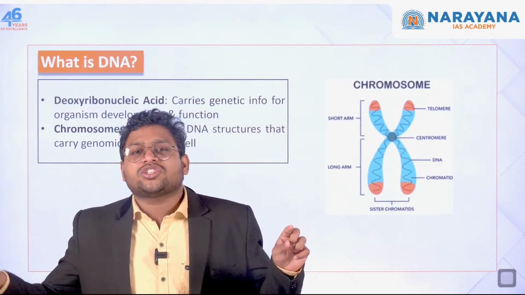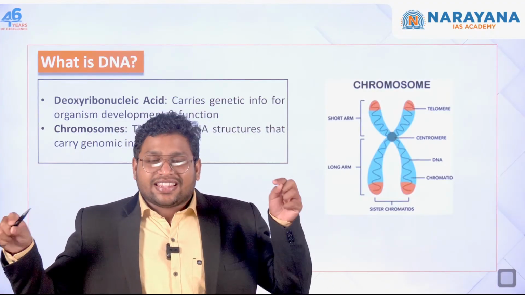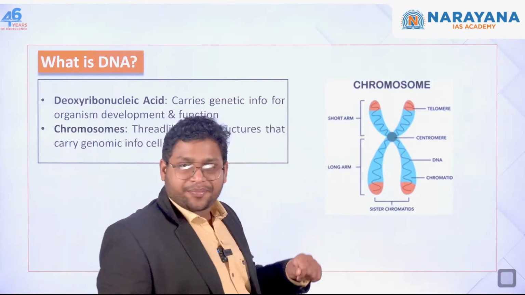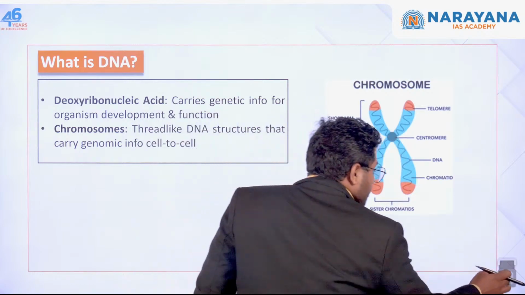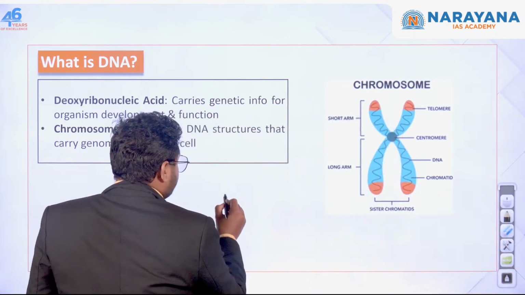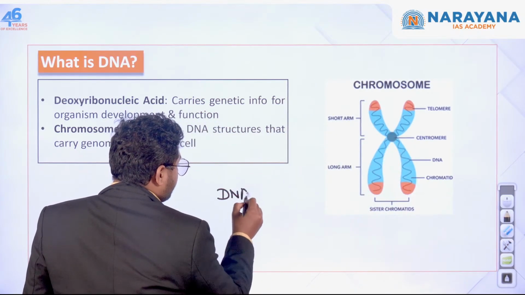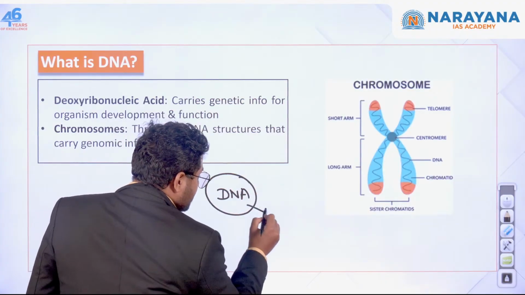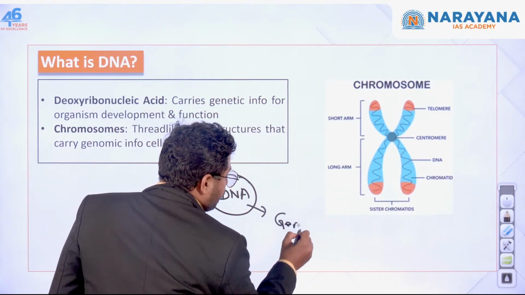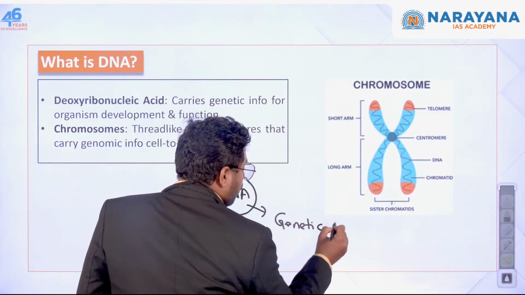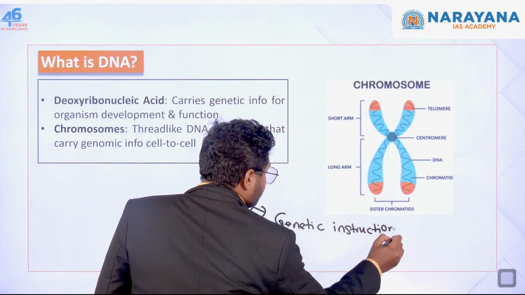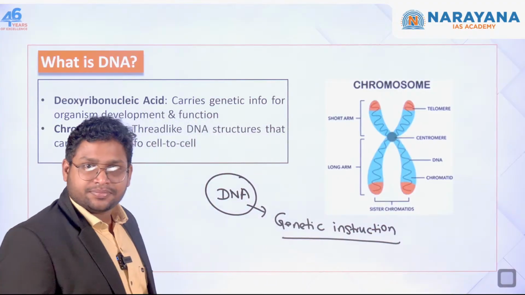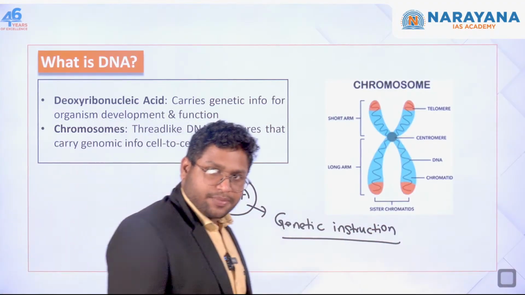DNA is a very long chain, and this long chain is bound over here. This DNA contains all the genetic information or genetic instructions that you need. Everything is stored over there.